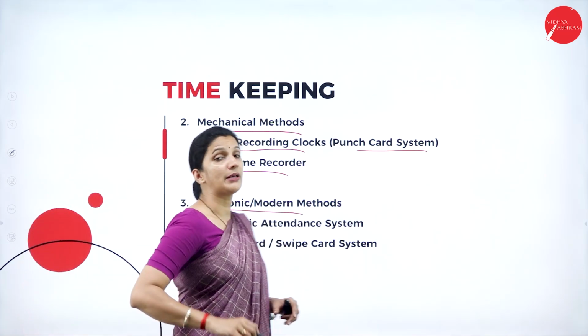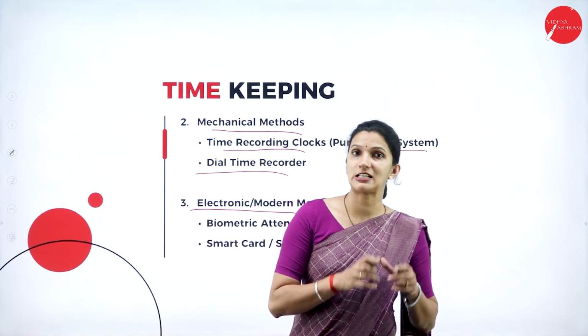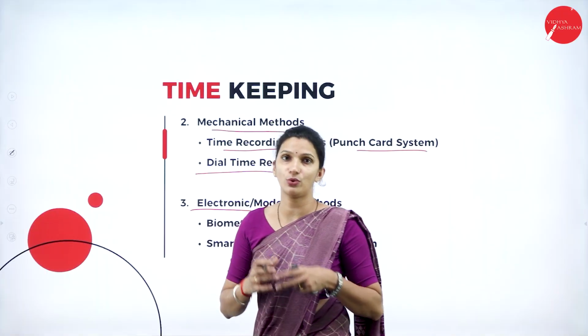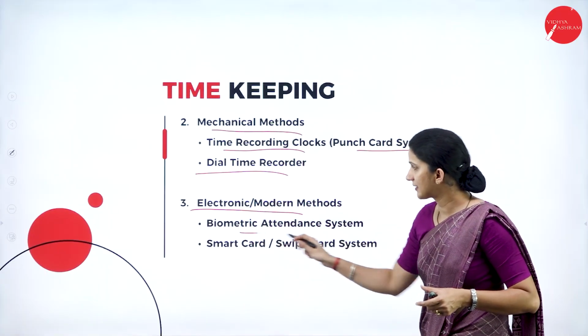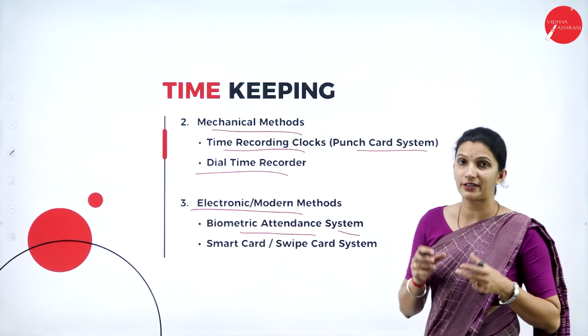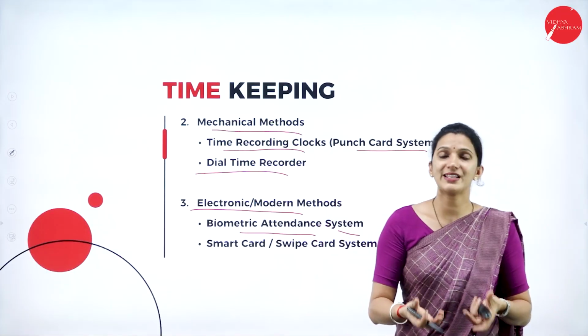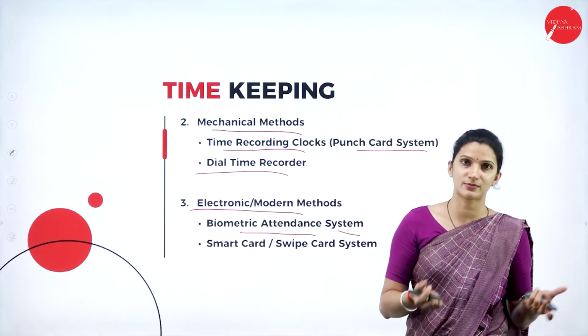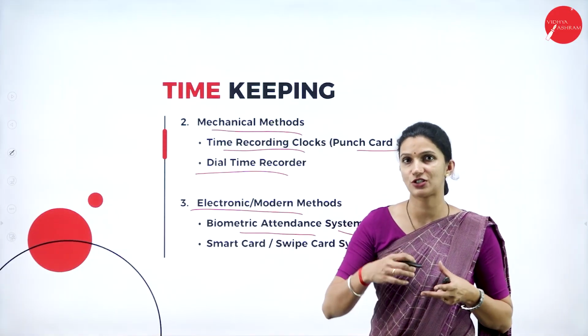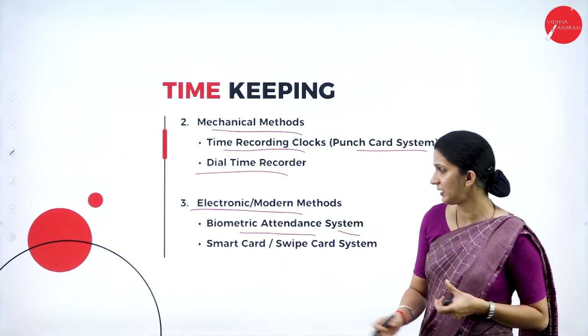Then the modern method, or the electronic method. They wear electronic gadgets that are used to record the entry time and the exit time. One is the biometric attendance system, where biometric machines are installed at the entrance of the factory. Whenever the employee enters, he gives his fingerprint or face recognition, and his entry time and exit time are recorded.